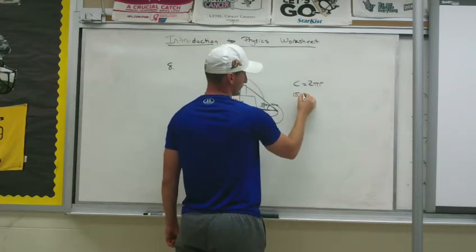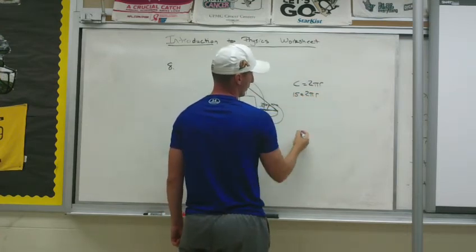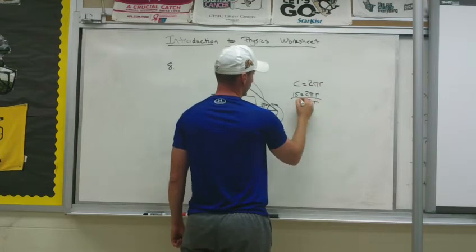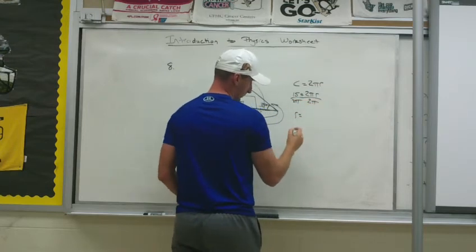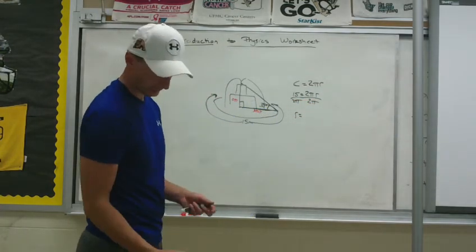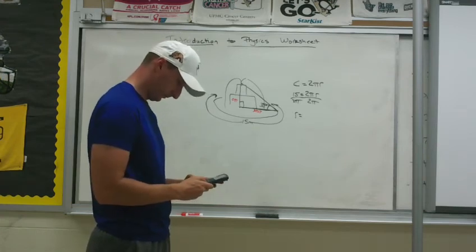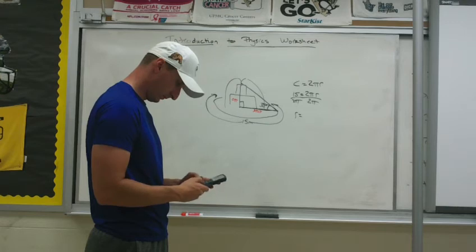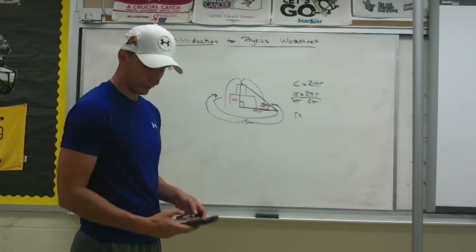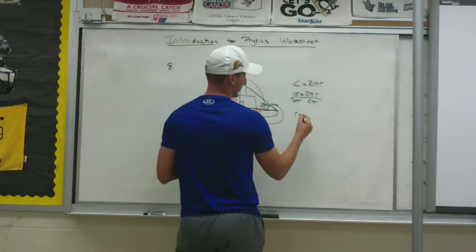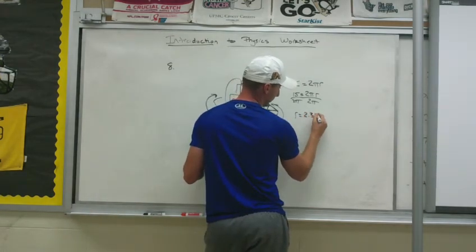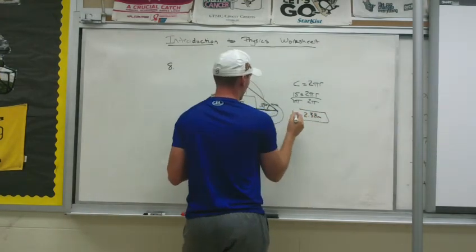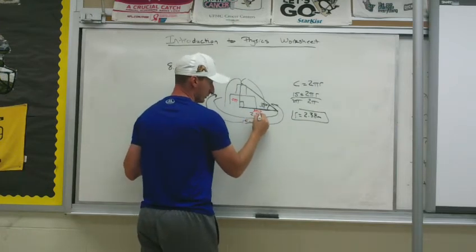The circumference of the circle is 15, 2 pi, and I'm looking for r. So I divide by 2 pi. r is equal to 2.38 meters. So that is this side here.